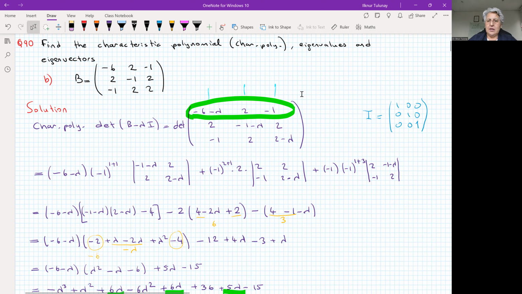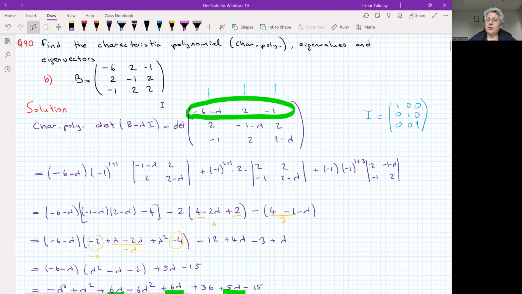Then for this one we need to calculate the determinant of the minor with rows 2, minus 1 and 2, 2 minus lambda. I'm using straight lines here, and straight lines mean the determinant; that's the general notation. For the last entry we have -1, in the first row, third column, so (-1) to the power of 1 plus 3 is plus, but the entry itself makes it negative.